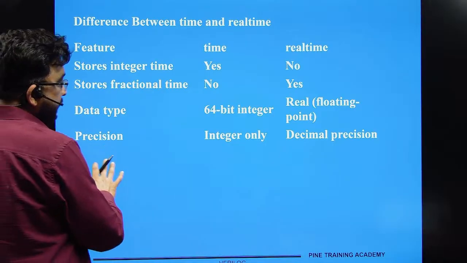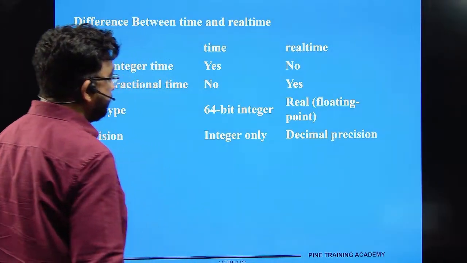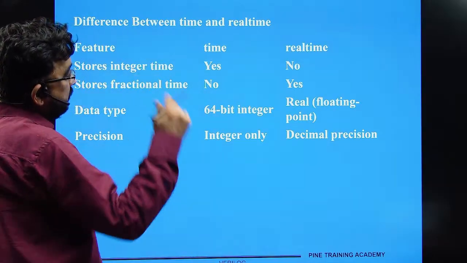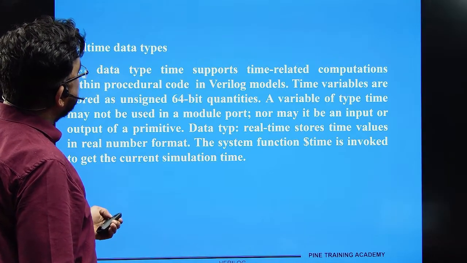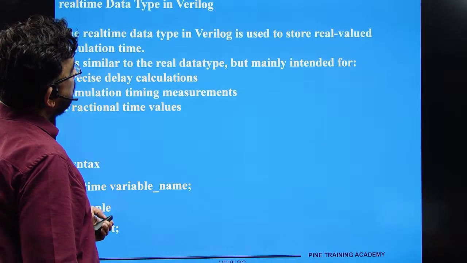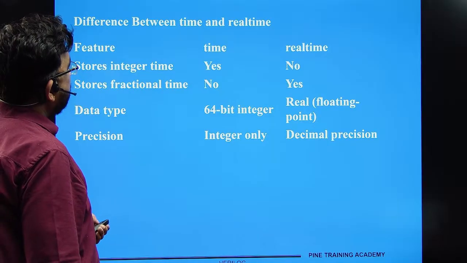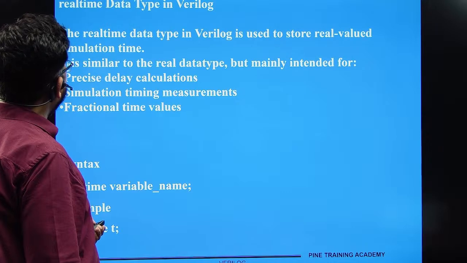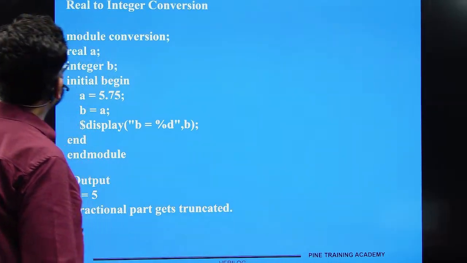Precision is integer only and decimal precision. So the first one which we have basically, let me check. I have real time and real time. Okay, maybe it's real or real time. Real.